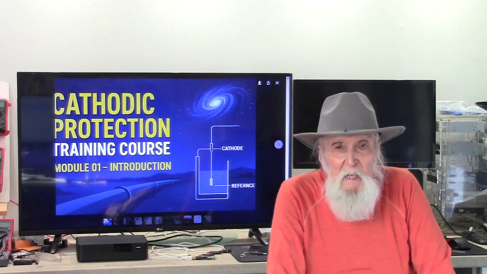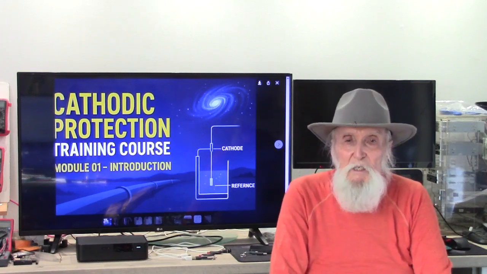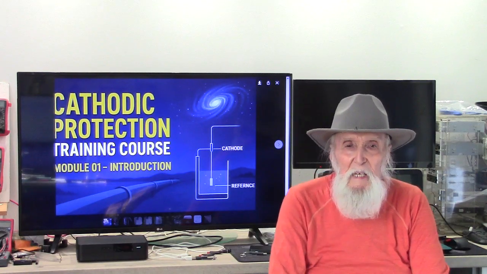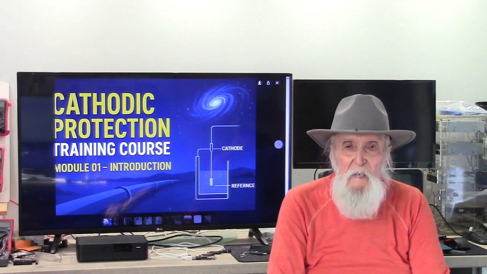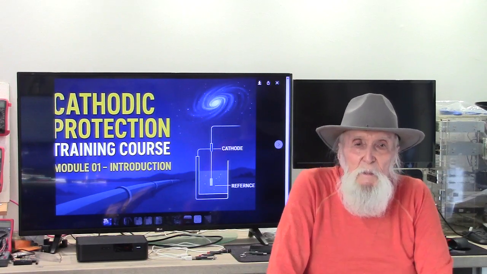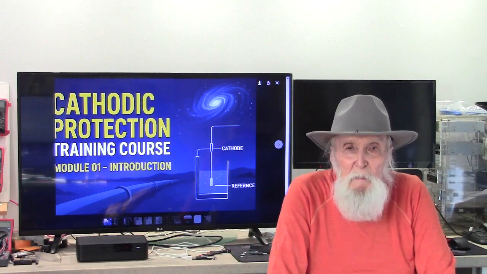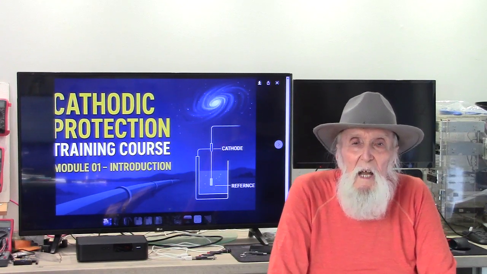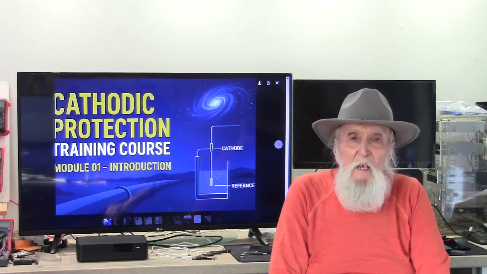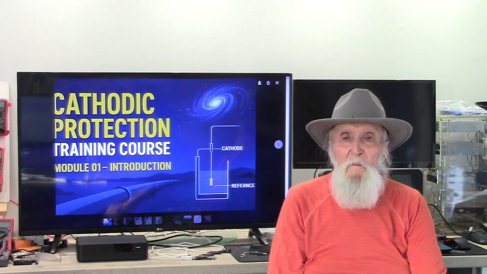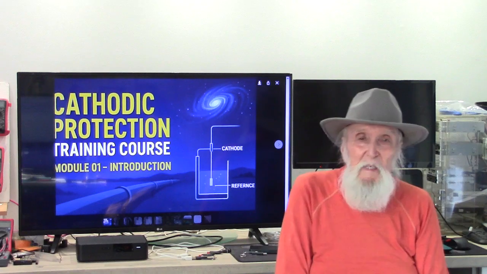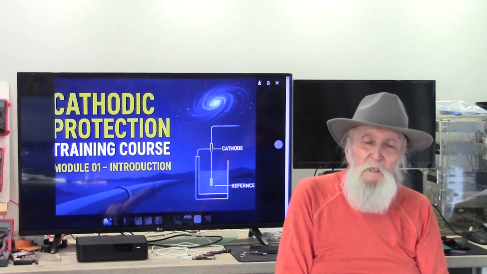Module 01 is intentionally designed to be simple and accessible, helping students to build a clear understanding of natural laws before moving forward to advanced CP design, analysis, and diagnostic techniques. This approach removes the confusion, often called gobbledygook, that many encounter in traditional training.